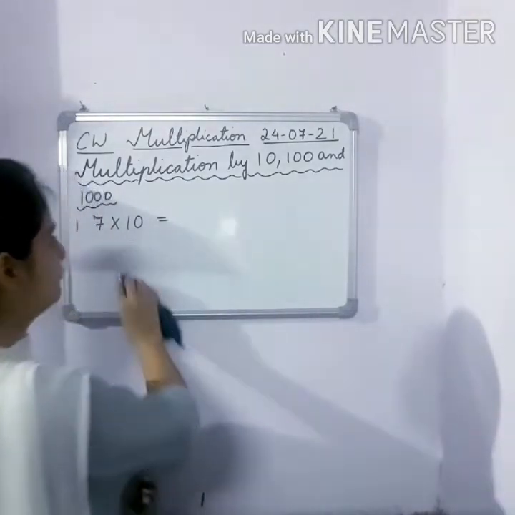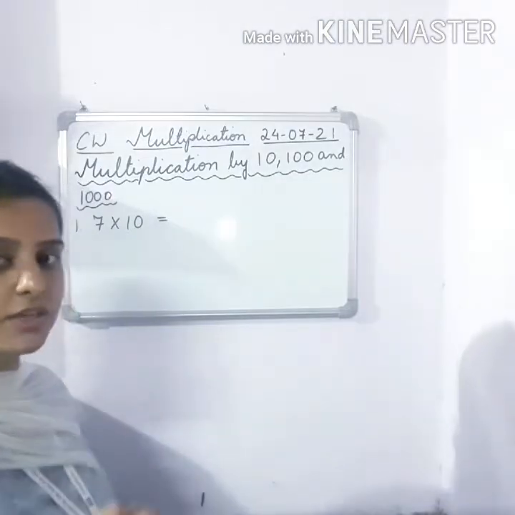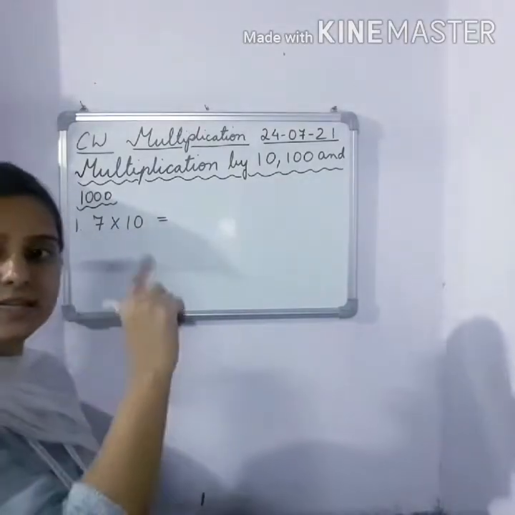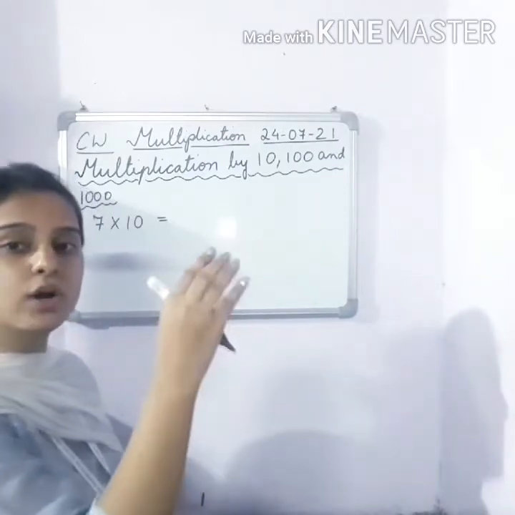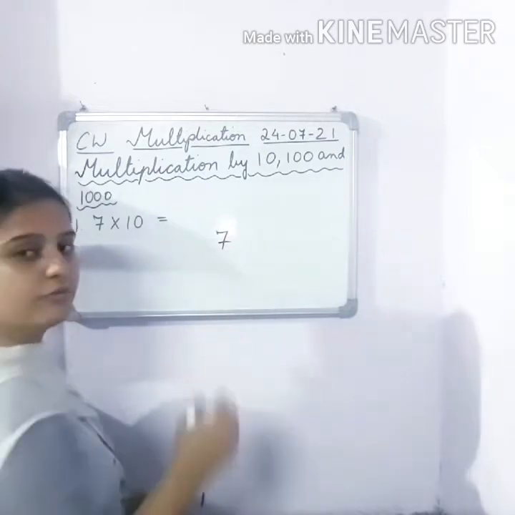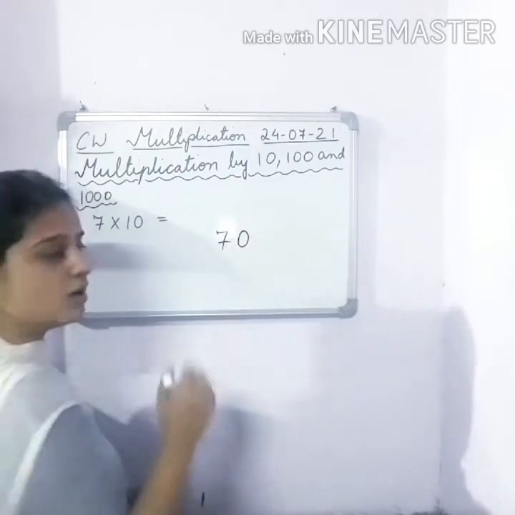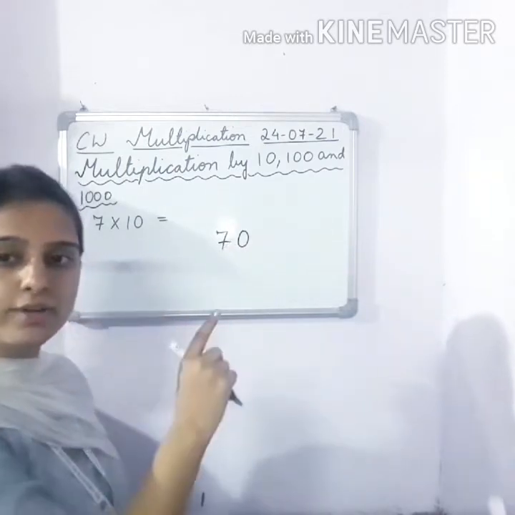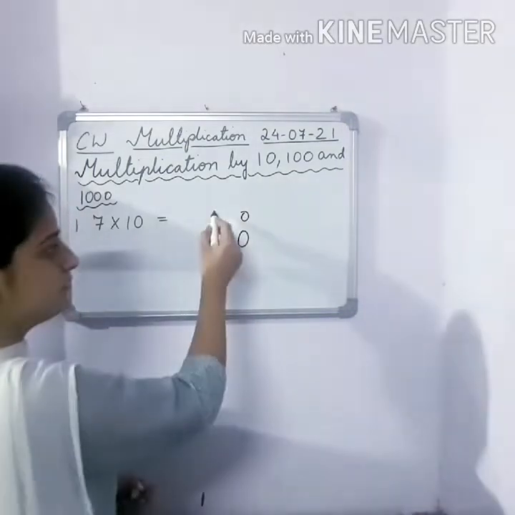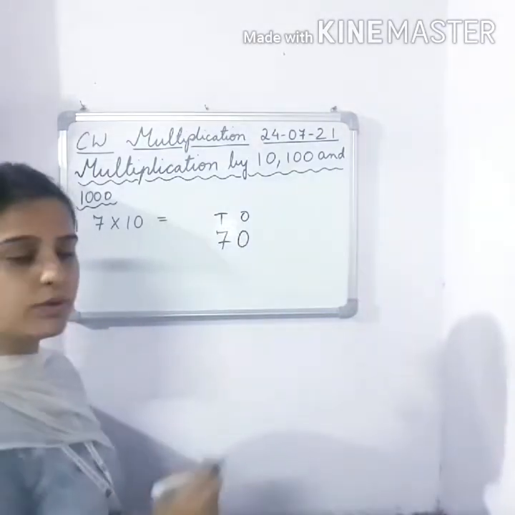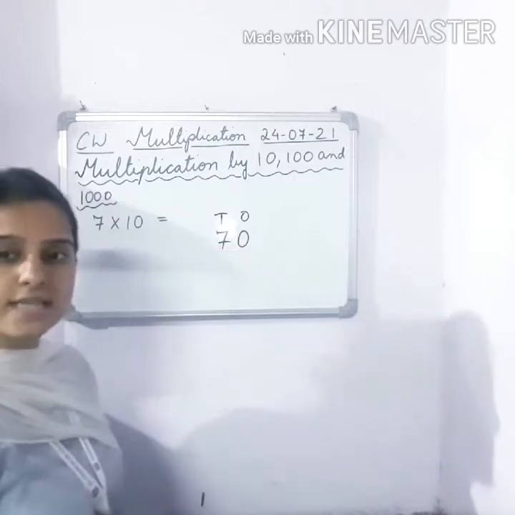If we have to do 7 into 10, in repeated addition we first added all the ones and got 7, and then we wrote 0 in the ones place, because the 0 in 10 was in the ones place. After counting all the ones we got 7, which we placed in the tens place. So we got the number 70.